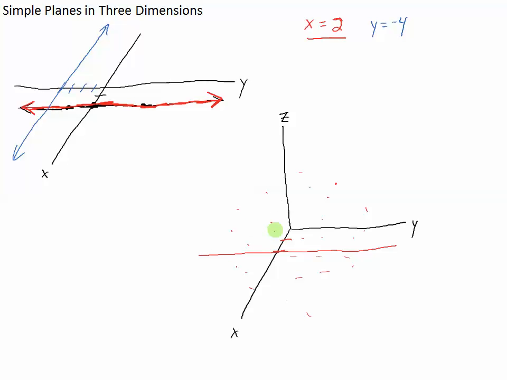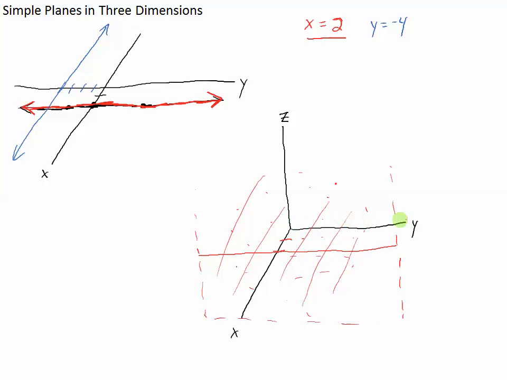So what ends up happening is you get a plane. And so it's kind of hard to draw. It goes forever right and left, but it's this surface, right? This vertical wall sitting at X equals 2.